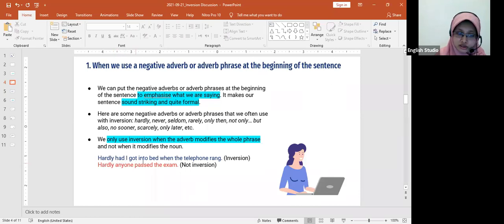Hardly had I got into bed when the telephone rang. So please be careful: even though you already use negative adverbs or adverb phrases, if you don't reverse the order of subject and verb, it is not an inversion example.